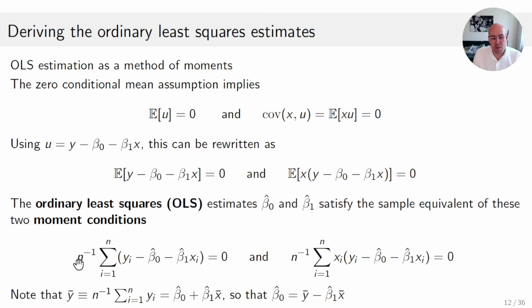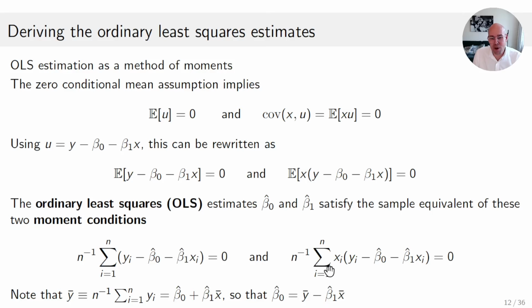So 1 over the number of observations times the sum over i from 1 to n of, and now I have the sample counterpart of this thing here, which is y minus beta naught minus beta 1x. So I'm going to have yi minus beta naught hat minus beta 1 hat xi, and that average is going to be equal to 0. And the second average looks almost the same, except that there's an additional xi appearing here.